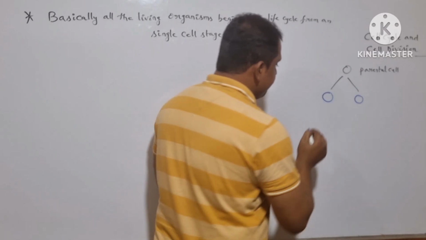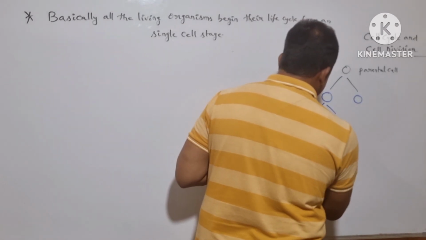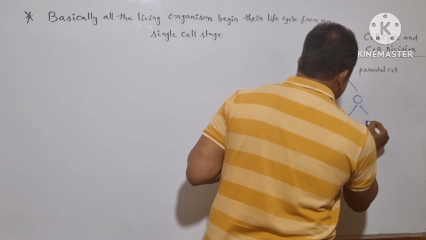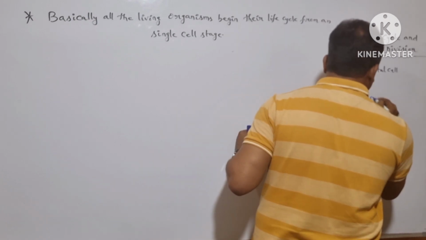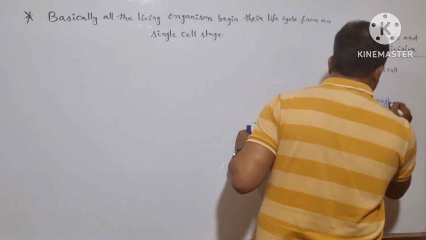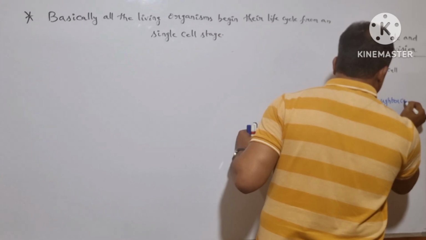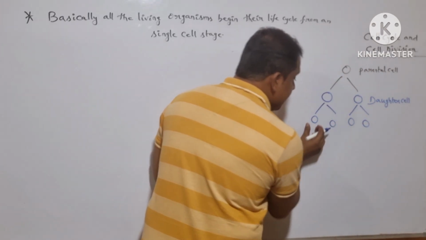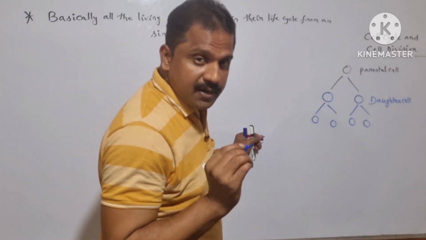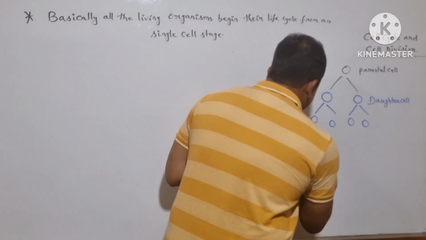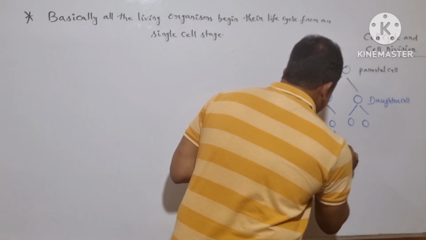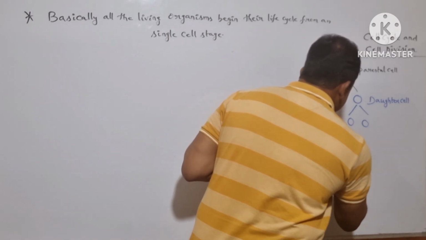Is it clear? All these are the daughter cells, right?